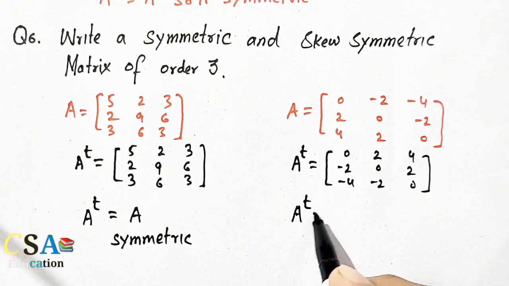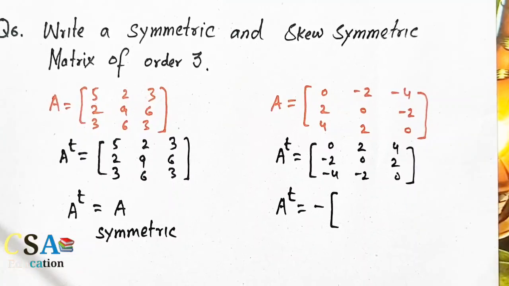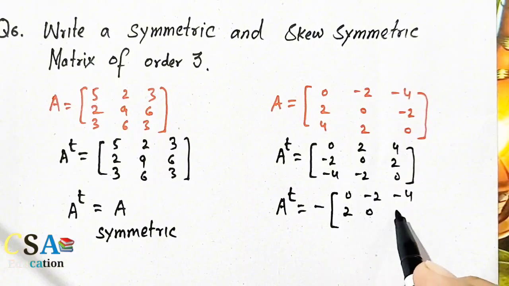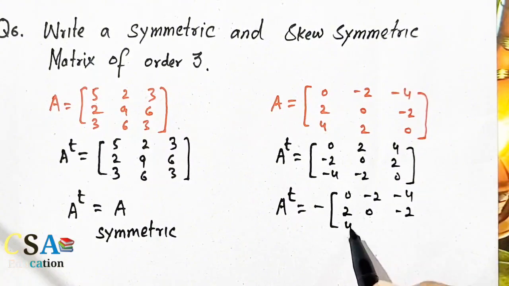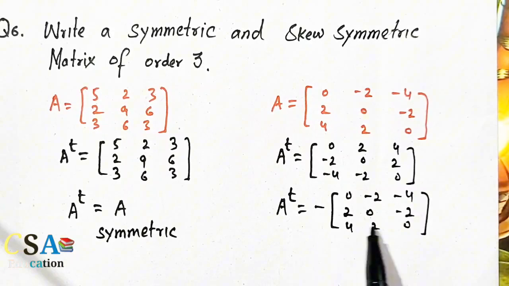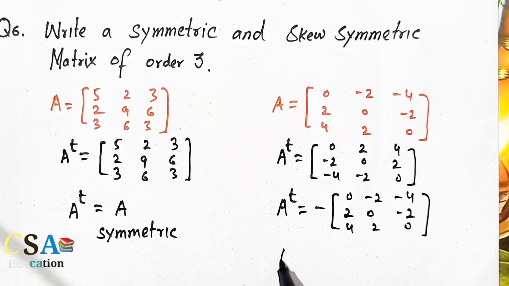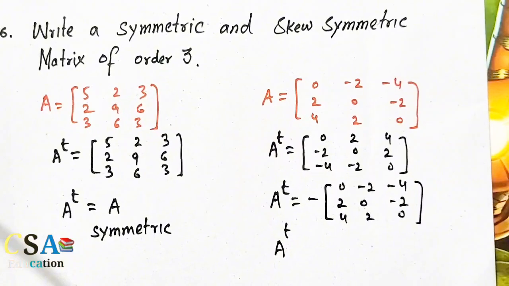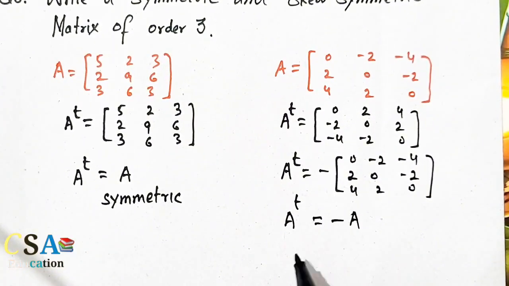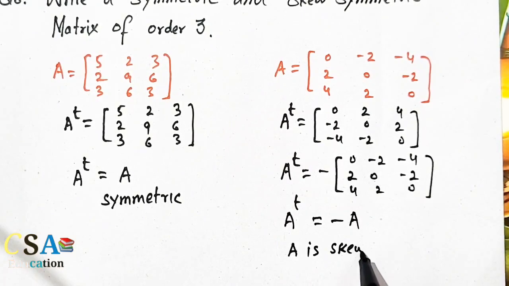A transpose will be equal to, after taking minus common, 0, minus 2, minus 4, 2, 0, minus 2, and 4, 2, 0. After taking minus as common, it will become A. So now A transpose is equal to minus A. So we can say that A is skew symmetric.